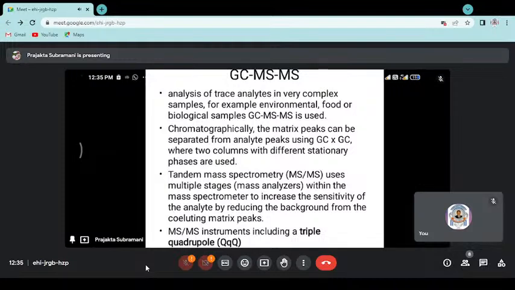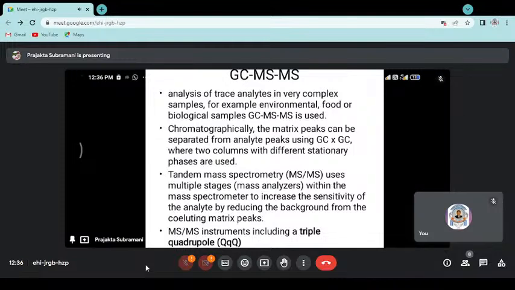Within this mass spectrometer, the GC-MSMS technique is used to increase the sensitivity for the analyte by reducing the background from the co-eluting matrix peaks, to reduce the peak from the co-eluting matrix.